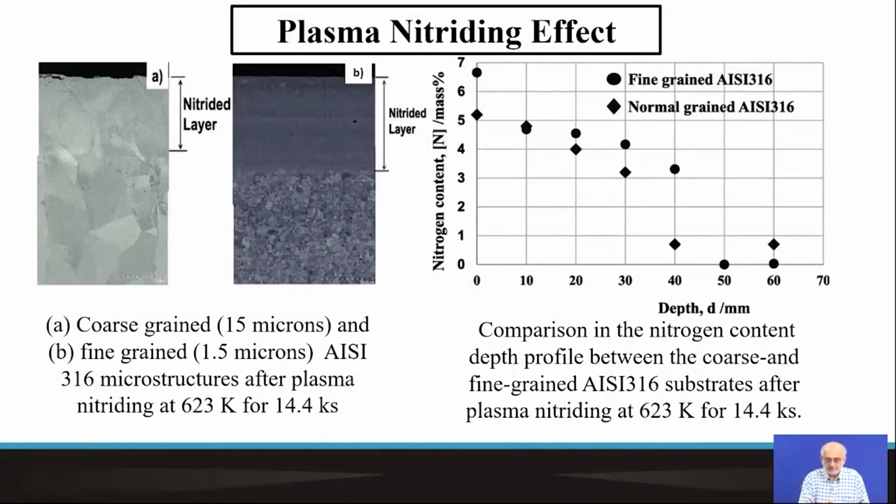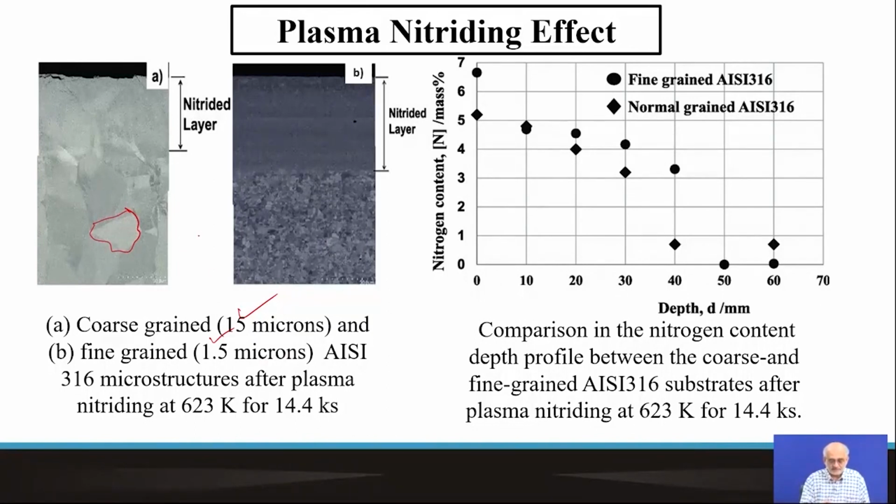If I have a simple nitrided layer, if I subject a component, let's say iron or steel, to plasma nitriding, there are two different possibilities: one with a fairly coarse grain structure, say of the order of 15 micrometer average grain size, and in another case, I do the same treatment with the same parameters, identical conditions, with an order of magnitude smaller crystallite or grain size.